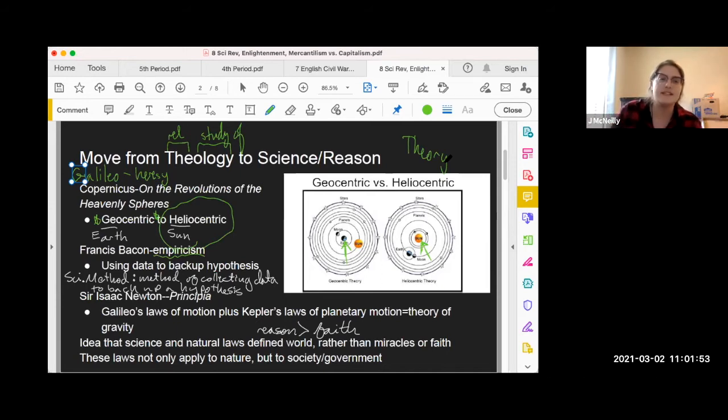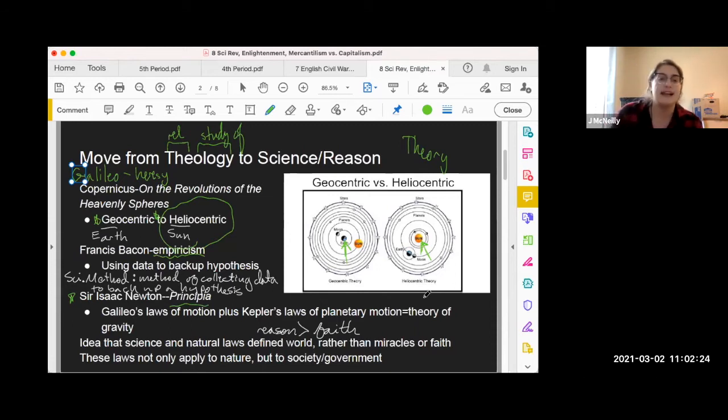Okay, so the use of the scientific method to come up with arguments or a thesis for one of the natural laws and then testing it over and over again, replicating it over and over again until you have a theory. Speaking of gravity, Sir Isaac Newton is a key scientist in the scientific revolution. He publishes the book Principia, which explains the theory of gravity.